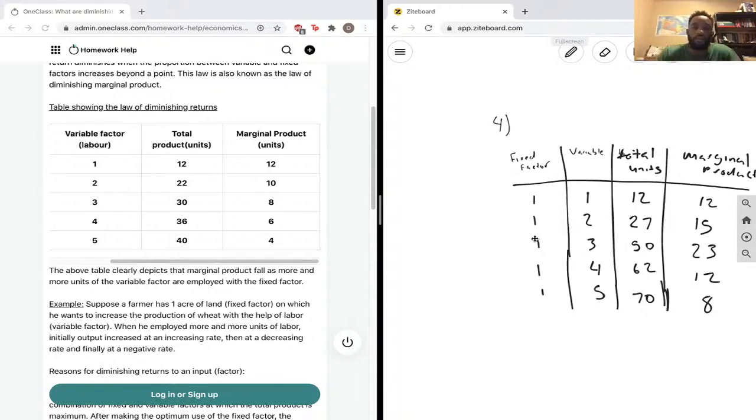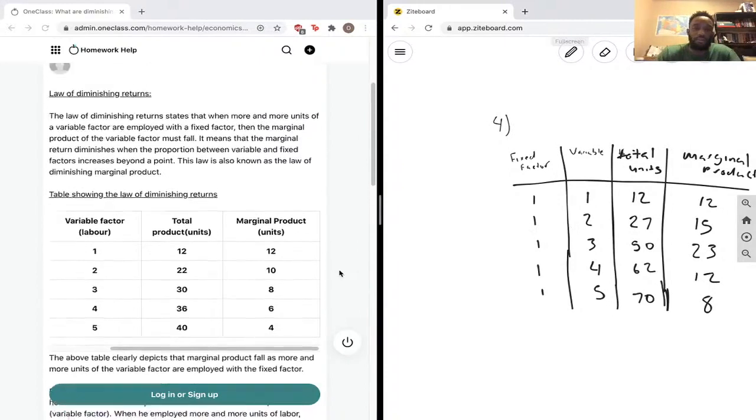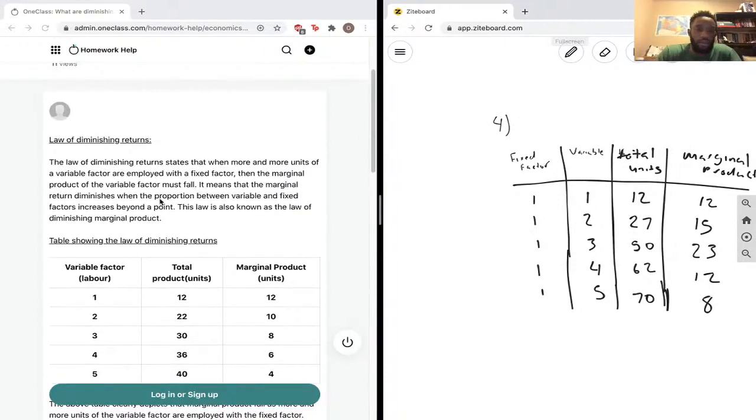So from our definition, it says it means that marginal return diminishes when the proportion between variable and fixed factors increases beyond a point, and that point is the maximum marginal product, which is in this case 23, and this is at 3 units of labor, so we'll call this labor.